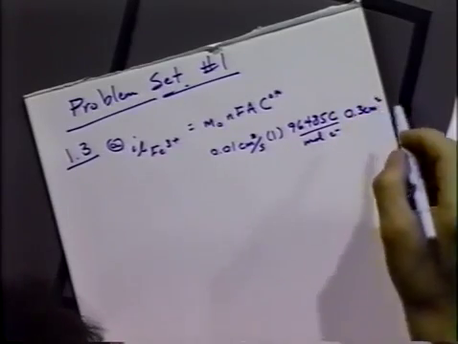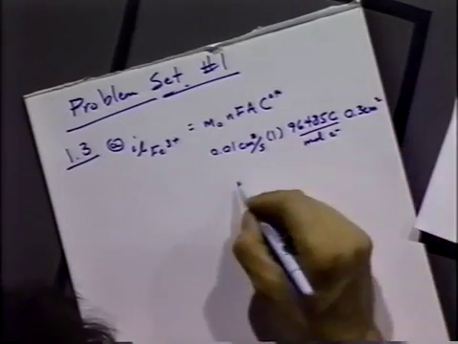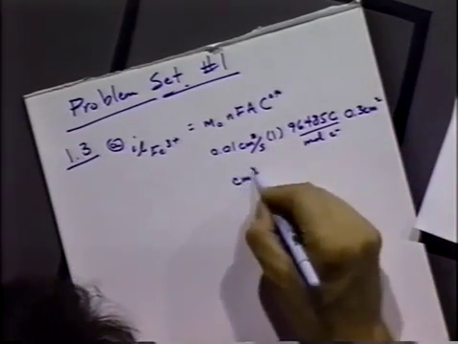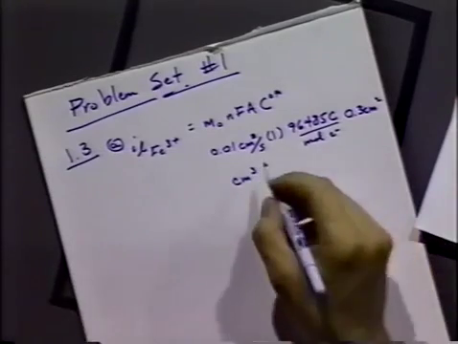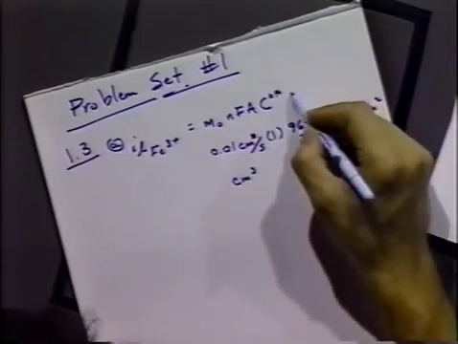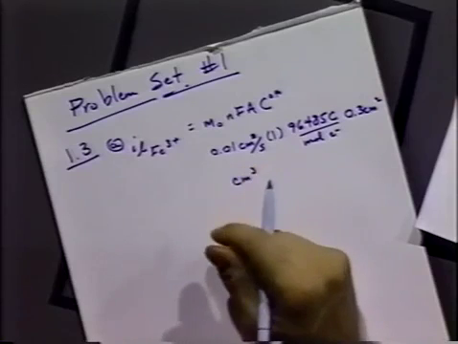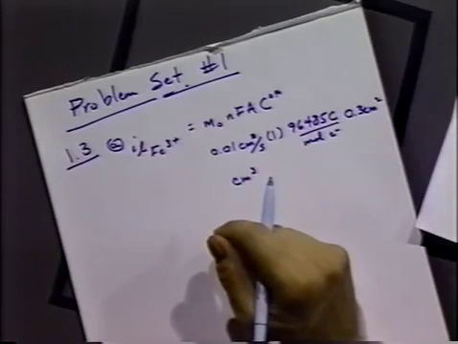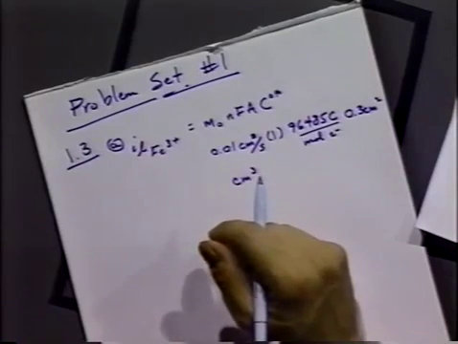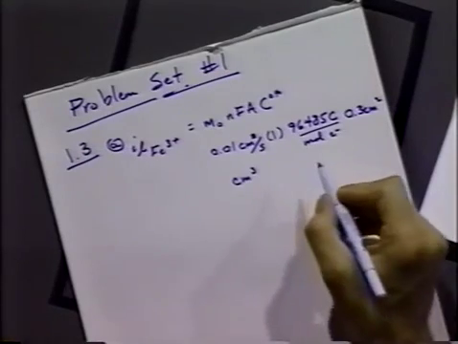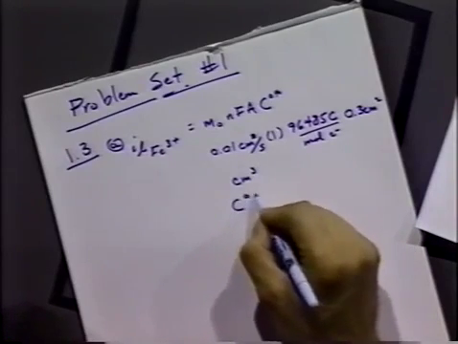Where you might have some trouble now is if you do the units, you'll see that we've got units of cubic centimeters in the system. And so what we actually need to do is put in for bulk concentration, not the molar concentration, but the concentration in moles per cubic centimeter. Okay? Rather than moles per liter, we need moles per cubic centimeter. So that's kind of the tricky thing about the bulk concentration, especially in these electrochemical problems.